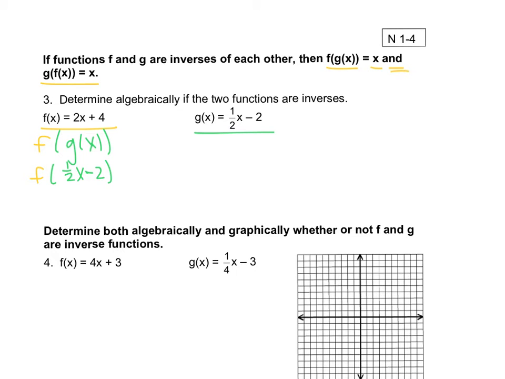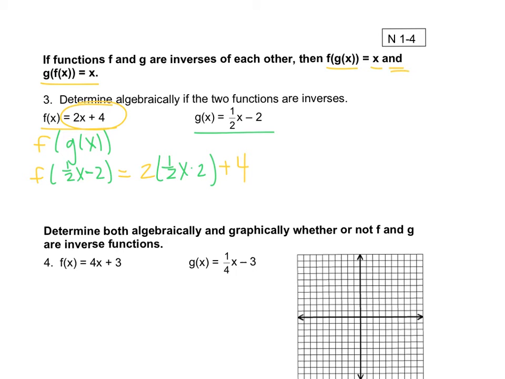So I'm replacing that in function f. I'm inputting 1/2 x minus 2 for x into function f. So I should have 2, then parentheses 1/2 x minus 2. And then notice on this, after we plug in for x, we have a plus 4.